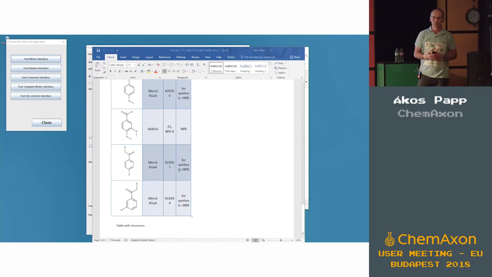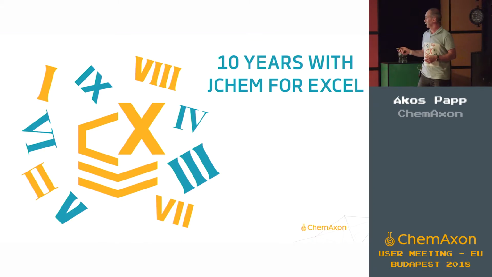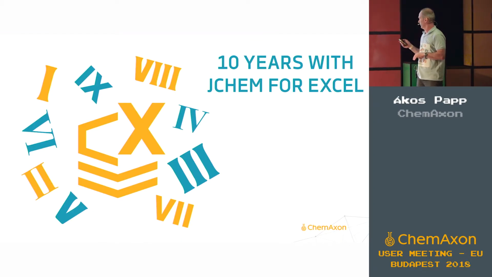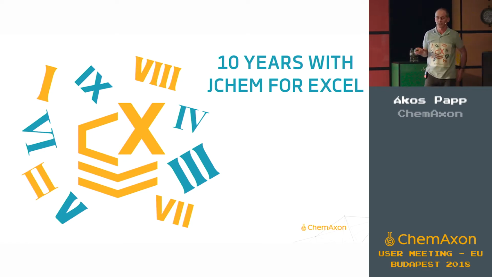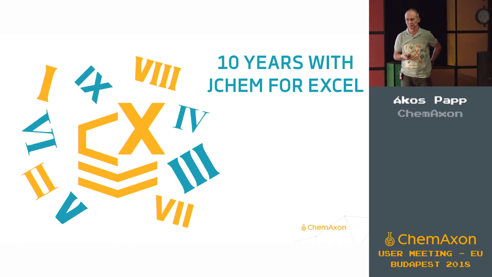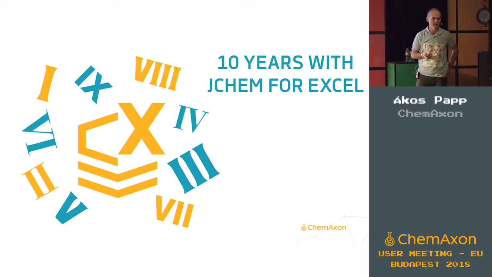So before going to the Office Online proof of concept, let me interrupt for a moment. This year, JChem for Excel is 10 years old. Can you imagine that? Maybe after Steven's presentation, you can imagine. I was looking for the very first presentation, but I couldn't find it.